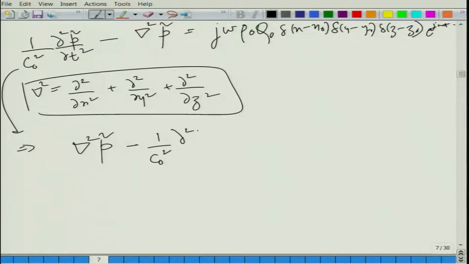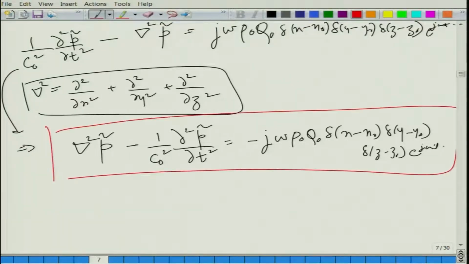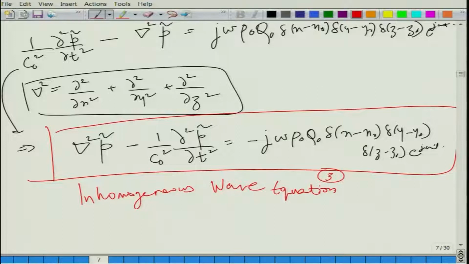So, this is the inhomogeneous wave equation, and you have this minus j omega rho naught q naught into x minus x naught, y minus y naught, z minus z naught, and mind you, you have e j omega t sitting. So, this is your inhomogeneous equation 3, you can say.